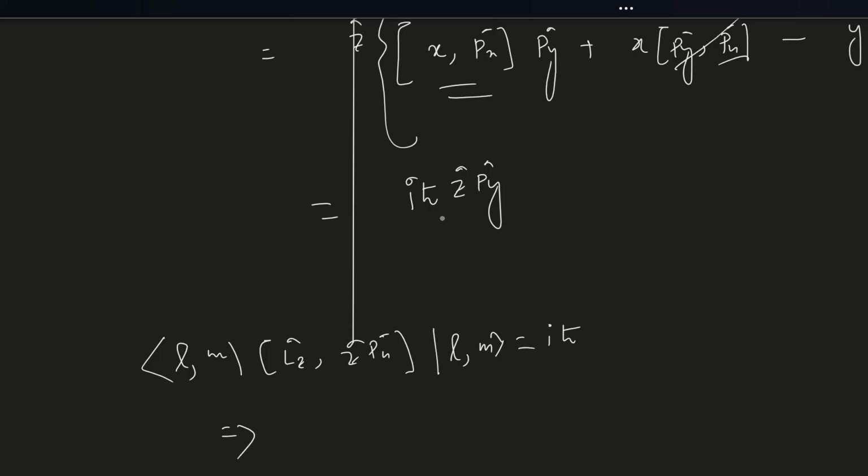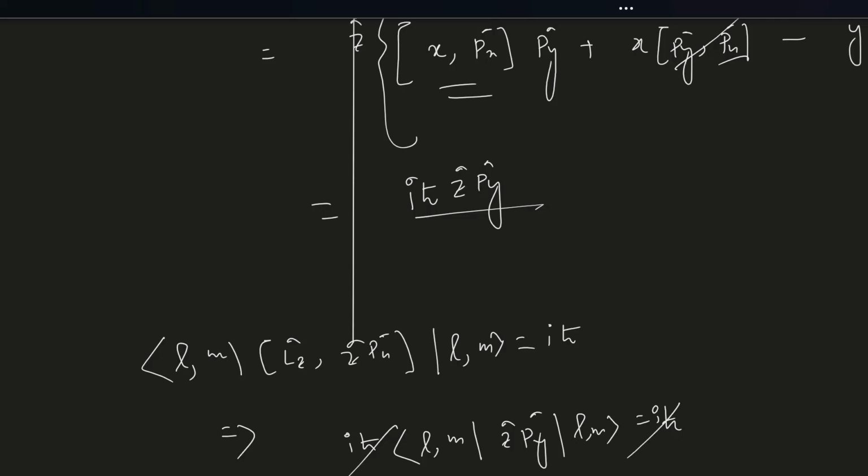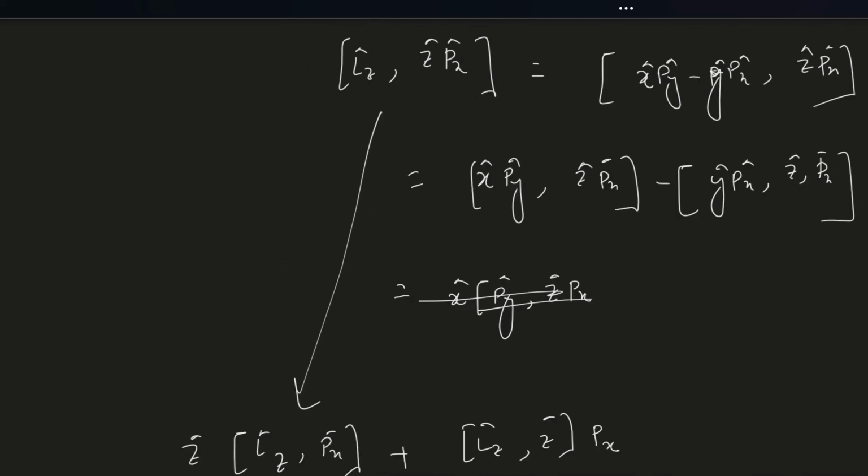Now this thing has iħ already, so this is iħ Lm. So this is Lm z py equal to 1. So this value you have obtained as 1.